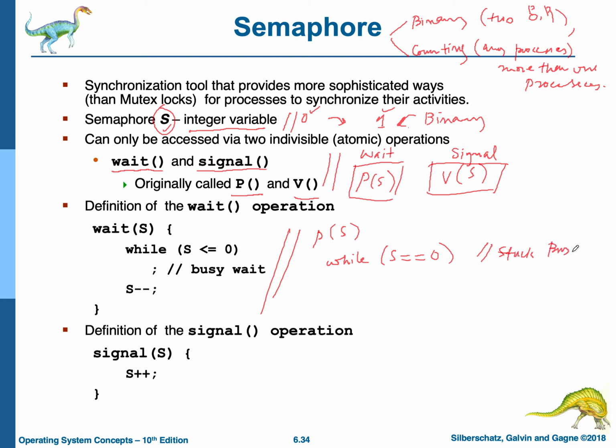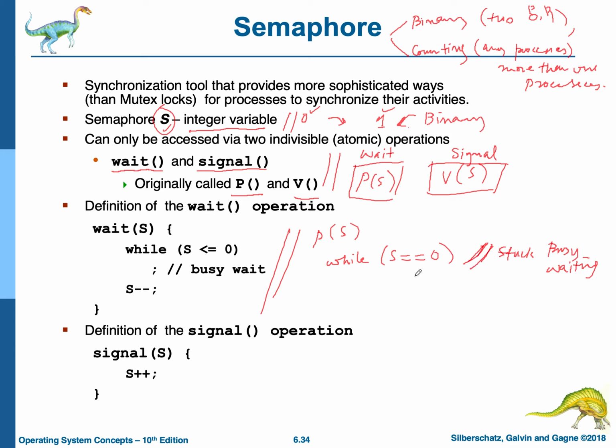Until now, all the approaches we have seen are busy waiting. The next approach, the counting semaphore, is a no busy waiting approach. I believe that is the best approach.